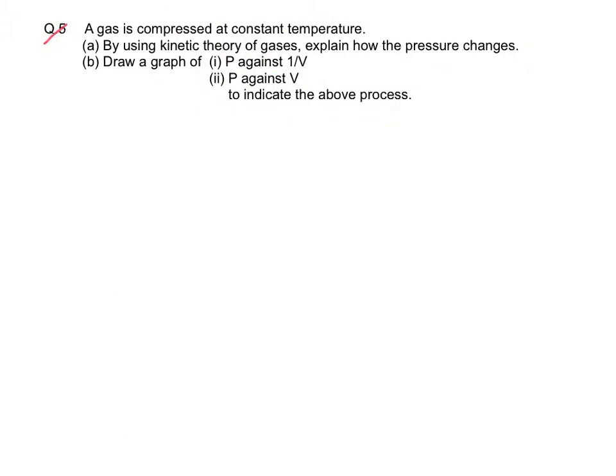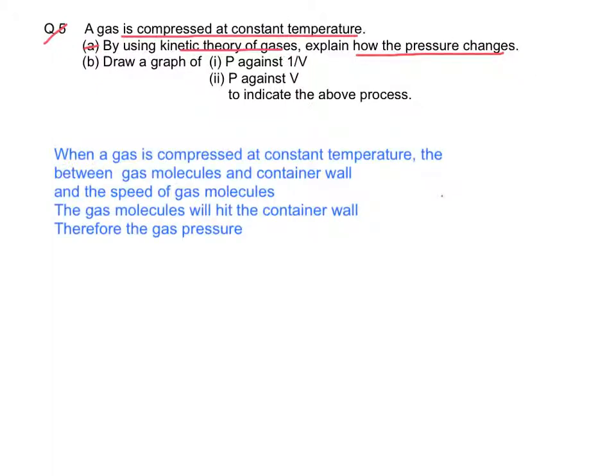Question number 5. A gas is compressed at constant temperature. By using kinetic theory of gases, explain how the pressure changes. When a gas is compressed at constant temperature, the distance between the gas molecules and the container wall will decrease.